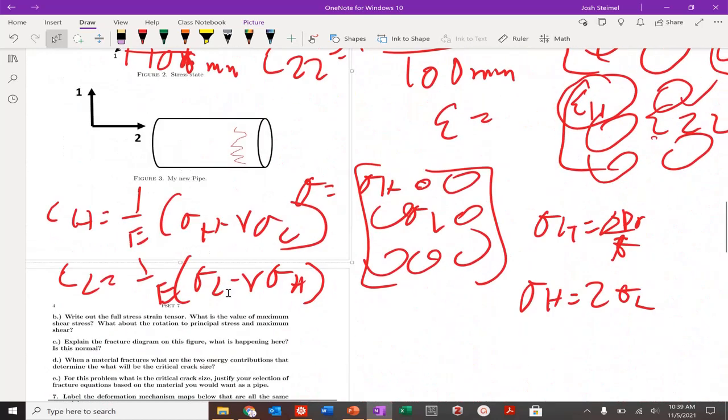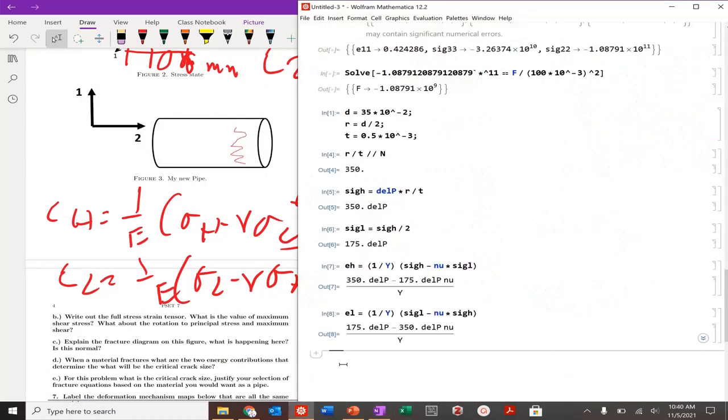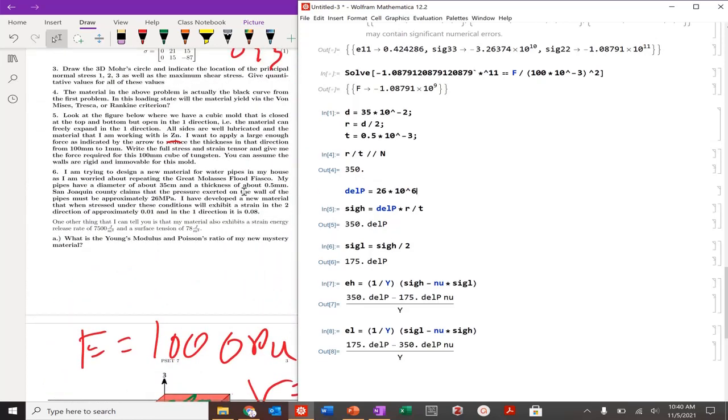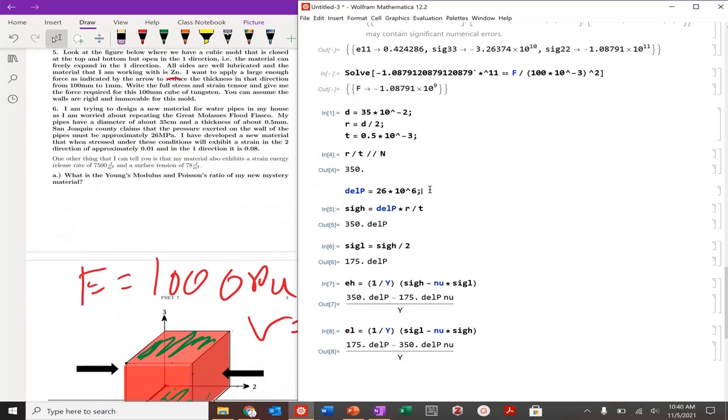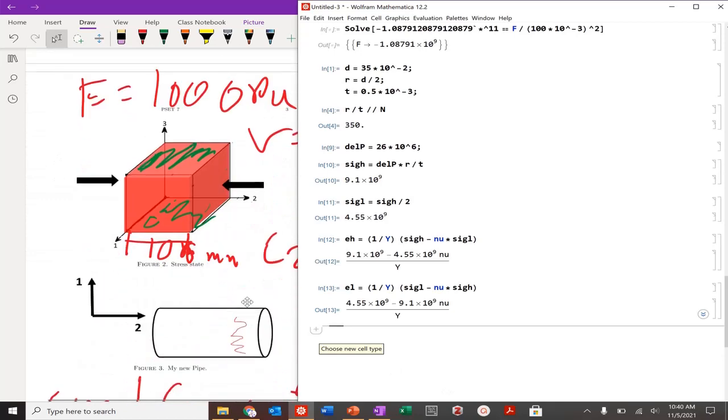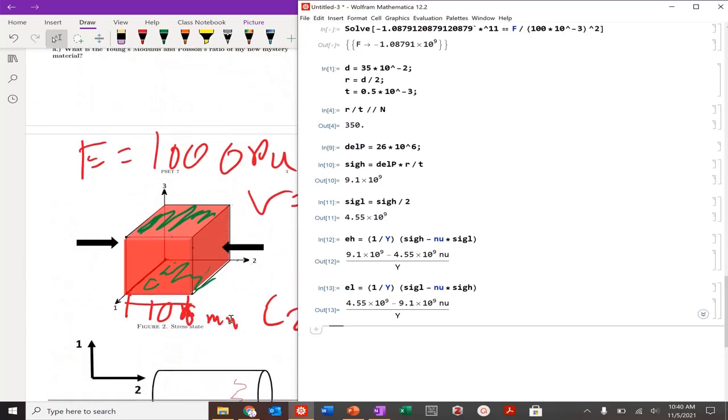So right here I have 3 unknown values, but we're told that our delta P is equal to 26 times 10 to the 6, the pressure that our pipes are under. So with that, I've got my sigma H. I'm left with 2 unknowns, but I'm given the values of epsilon H and epsilon L. So I can solve 2 equations, 2 unknowns, simultaneously.